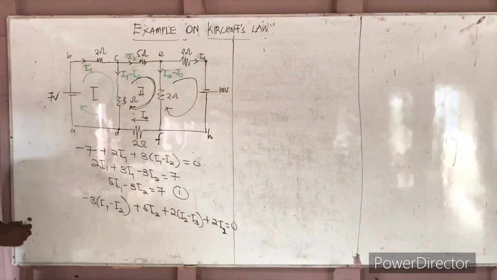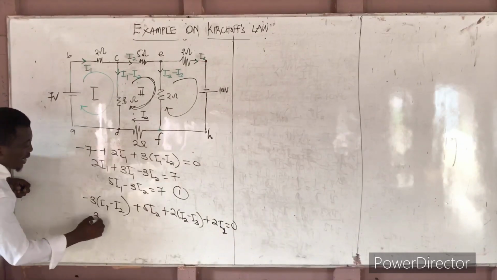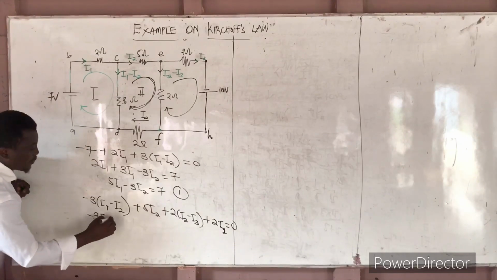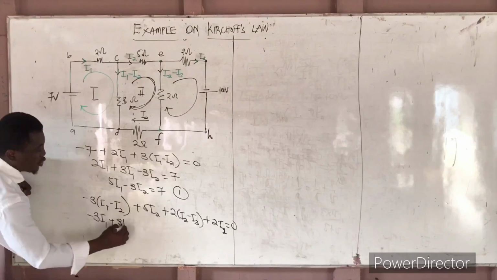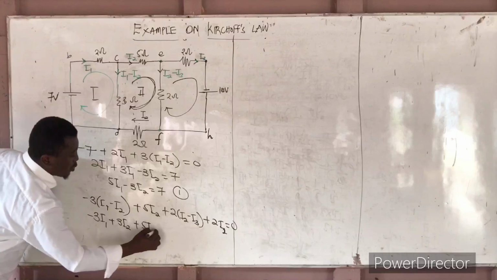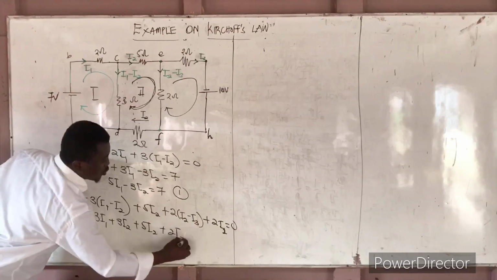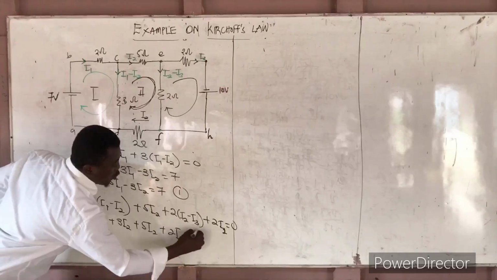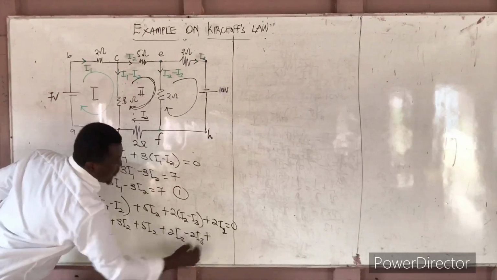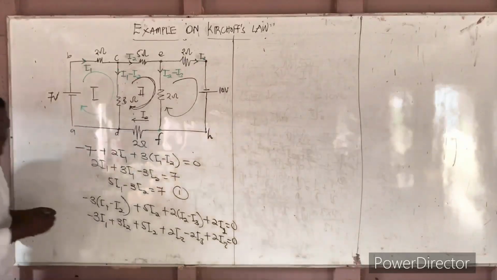After getting this, you simplify everything. We get negative 3I1 plus 3I2 plus 5I2 plus 2I2 minus 2I3 plus 2I2 is equal to 0.